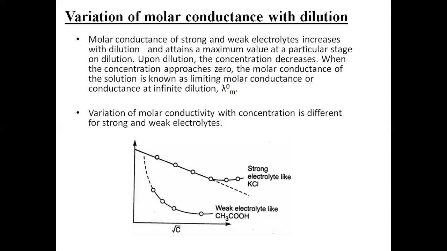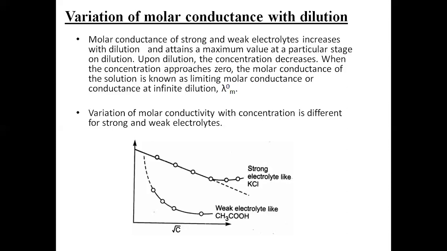In the case of a strong electrolyte, if we plot molar conductance against the square root of concentration, it is linearly related, but it is not linear in the case of a weak electrolyte. For a weak electrolyte, the degree of ionization increases with dilution, the number and mobility of ions increase, and as a result, molar conductance increases.